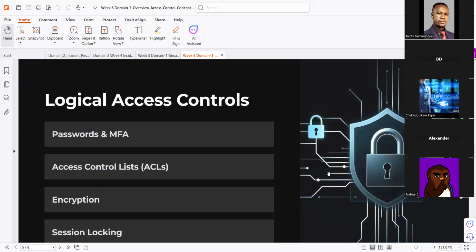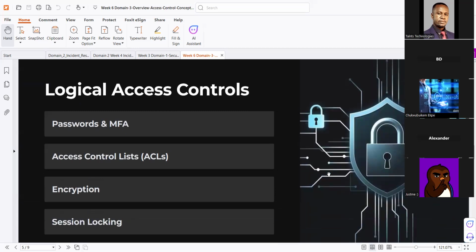Logical access control. Here we have passwords and multi-factor authentication. Does anybody know what multi-factor authentication is? Please go ahead and tell me. Multi-factor authentication is like securing yourself in two ways.